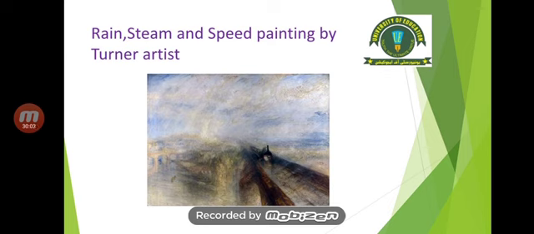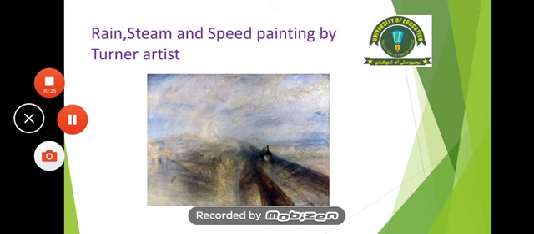This is a very famous painting by the artist Turner, and the title of the painting is Rain, Steam, and Speed. In this painting, we can see the usage of color, the application of paint, and the movement of brush strokes.